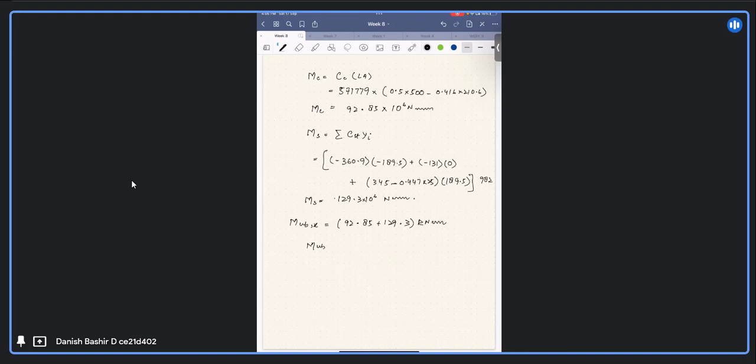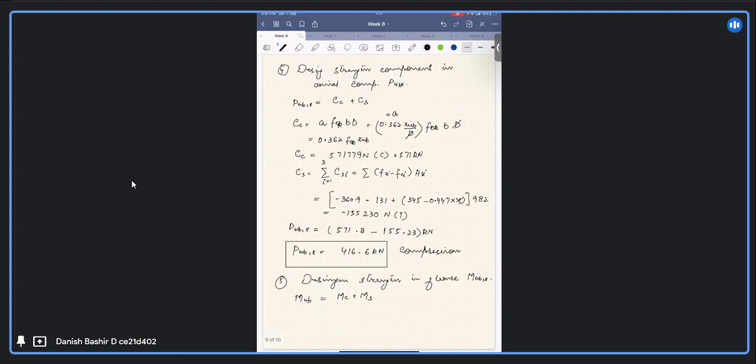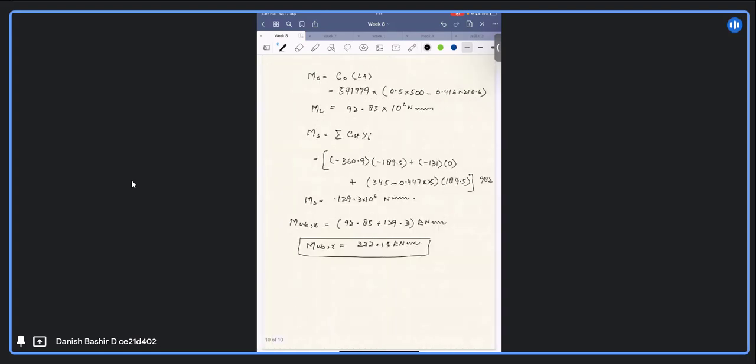So MUBX will be 222.15 kilonewton meter. Okay, this our PUBX comes out to be 416.6 kilonewton, and this comes out to be 222.15. From these two values, you can now calculate what was the eccentricity of the loading that is acting on our column.